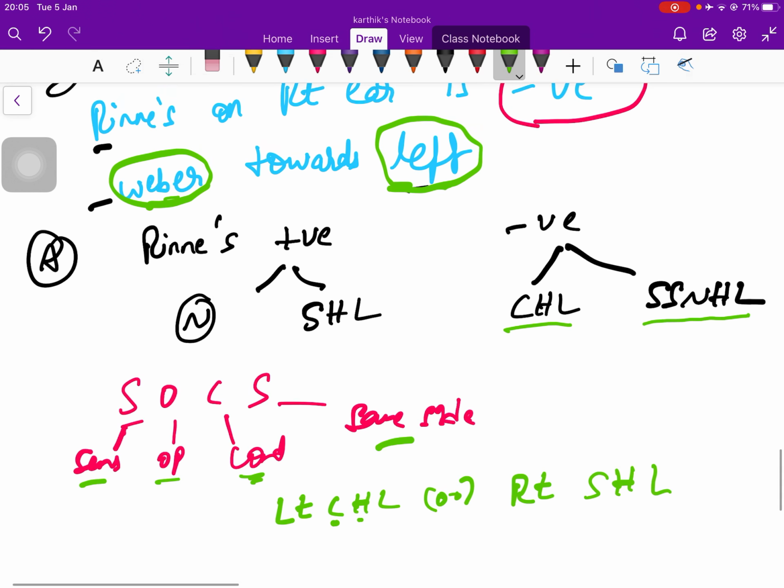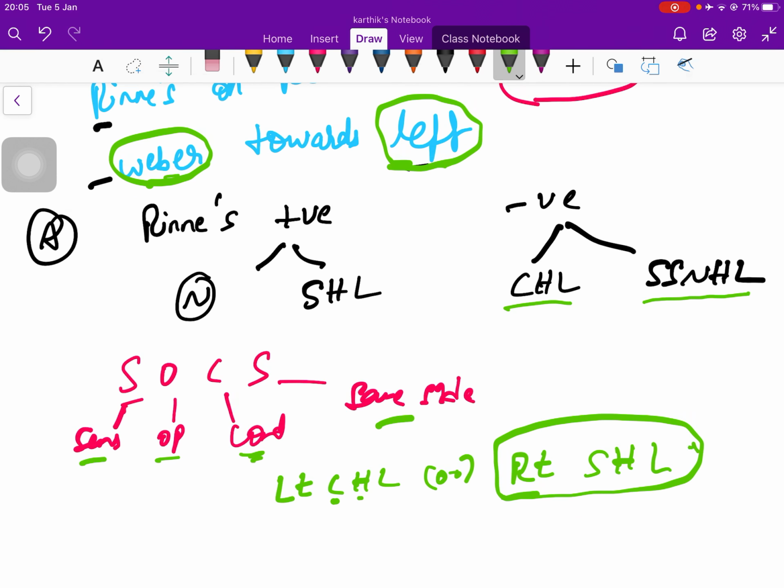The patient is coming with a problem in the right ear. So the answer will be right sensory hearing loss. In the question, it was decreased hearing on the right ear, so here it will be right sensory hearing loss.